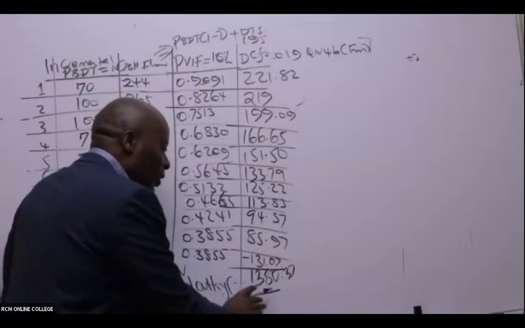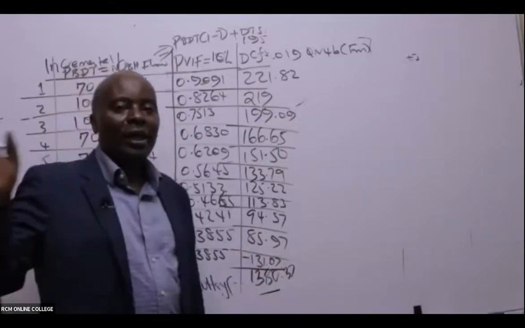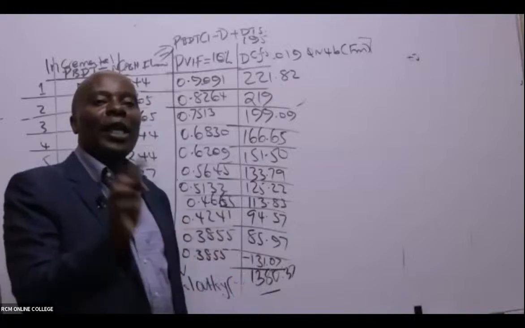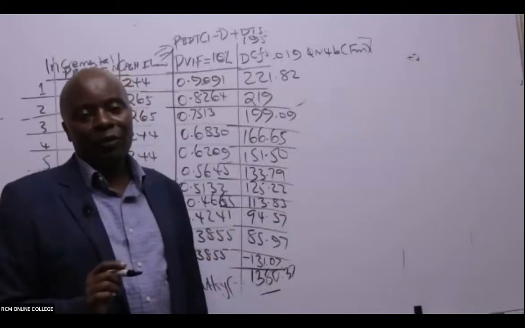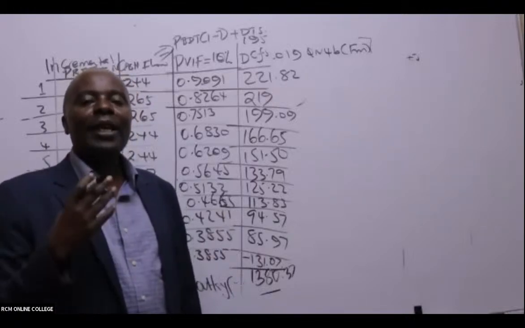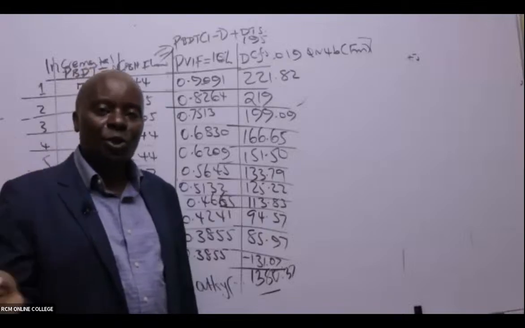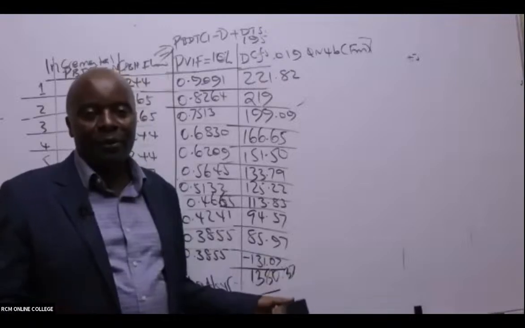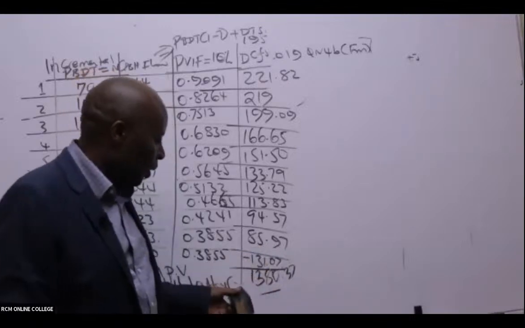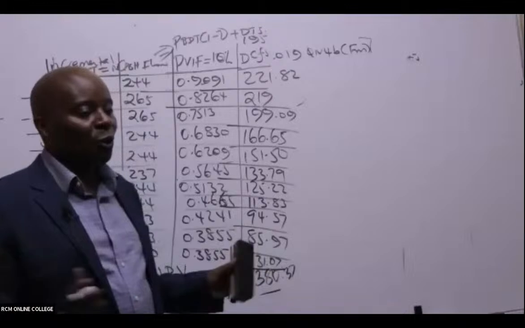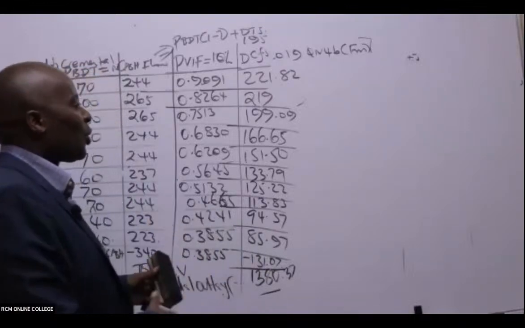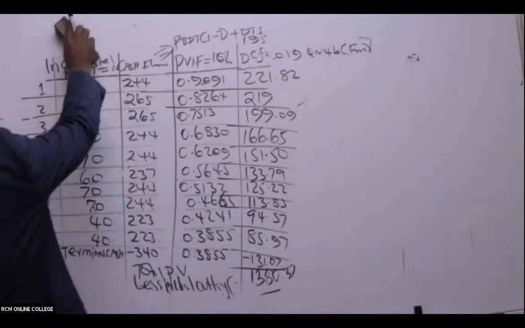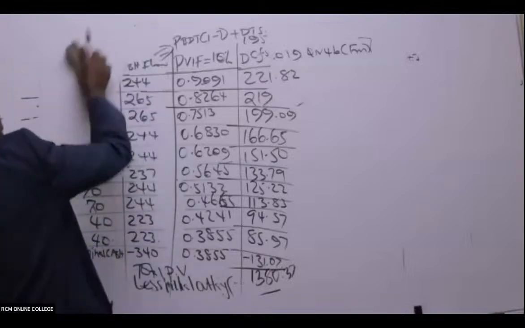I'll just finish this question there and go, having gotten like 80% of the marks. Unless I finish other questions and realize I've got more time, I'll be able to compute this initial outlay. Otherwise, I will not do it. But here, because you're learning, allow Mwalimu to do this initial outlay.